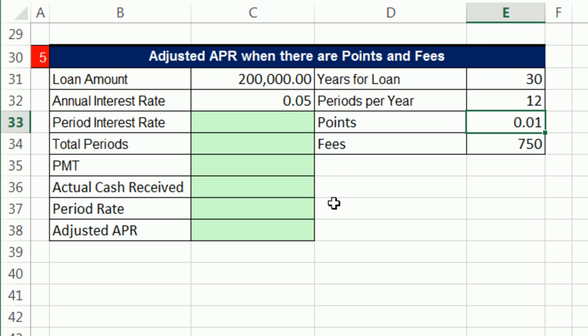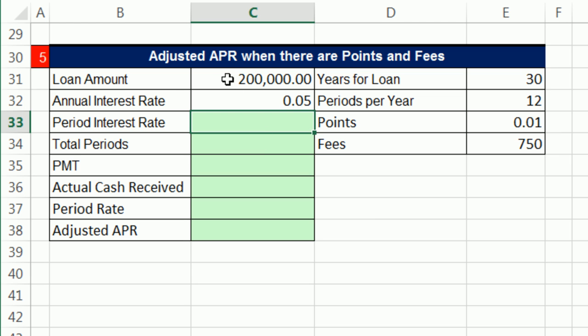So even though you owe the $200,000, the person initiating all this is going to take 1% of that. Not only that, but there's a $750 fee on top. I wish they wouldn't disguise it this way and they just say, boom, here's our fee. But that's the way it goes. It's no problem. That's why we're learning how to do this finance, so we can calculate what it should be.